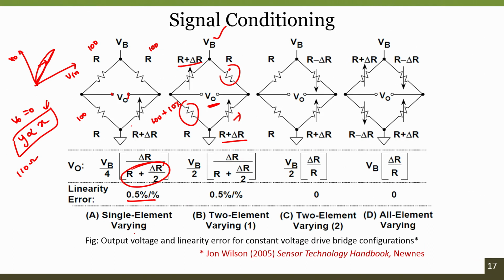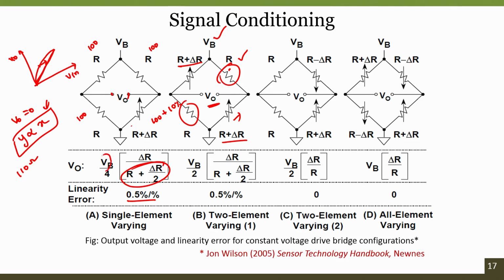So, that is the reason for temperature compensation. If the sensor we are using is only for temperature compensation, adding a resistor at this point is always an advantage, provided that the sensor should not change with respect to the input load, input parameter or input measurement. It should only compensate for the temperature effect. Imagine, say, if you want to eliminate the offset and if you want to amplify the output voltage.